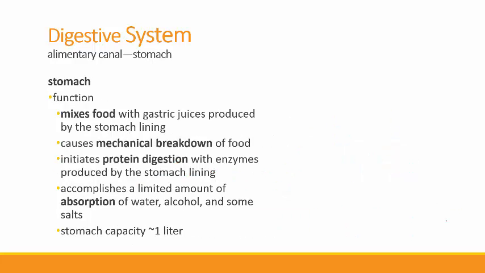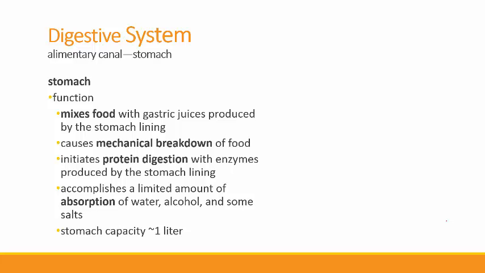The stomach has a number of functions. It mixes the food with the gastric juices that are produced by the stomach lining, and we'll talk about what's in those juices in just a minute. It can lead to more mechanical breakdown of the food.